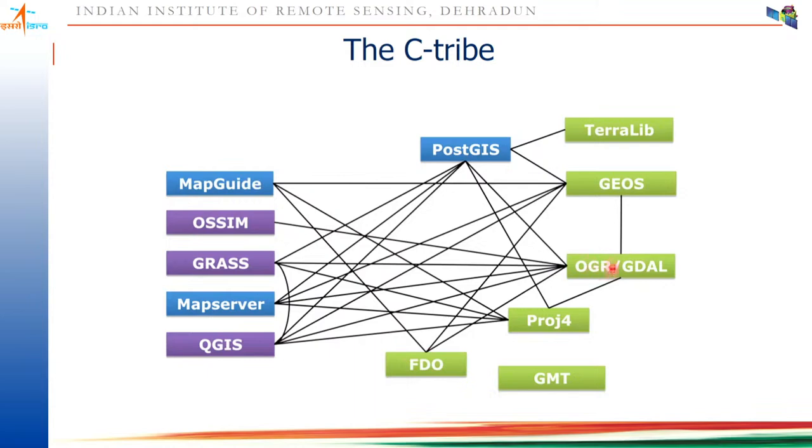So for example, as I told you, GDAL is used by all these software, PostGIS, Awesome, GRASS, Map Server, QGIS. QGIS also has a port for GRASS, it has a port for PostGIS, and also takes help of tools from GEOS and GDAL and Proj. So this entire software ecosystem is intricately linked with each other. And so many a times when you're using a single software, you're probably using tools from other softwares also.